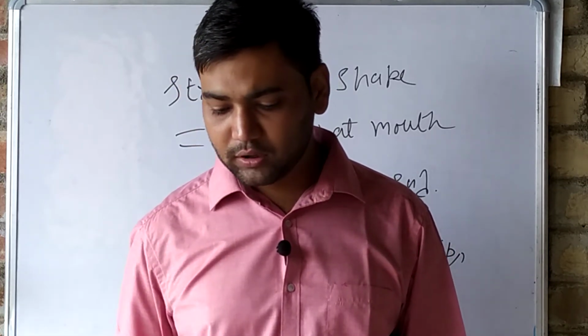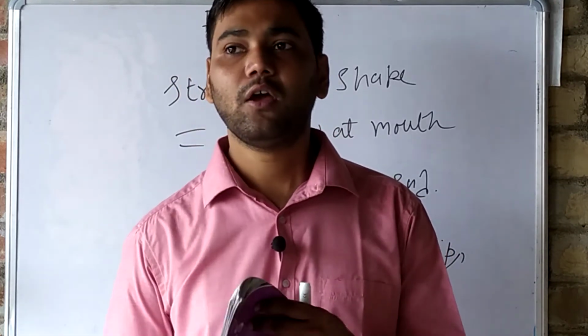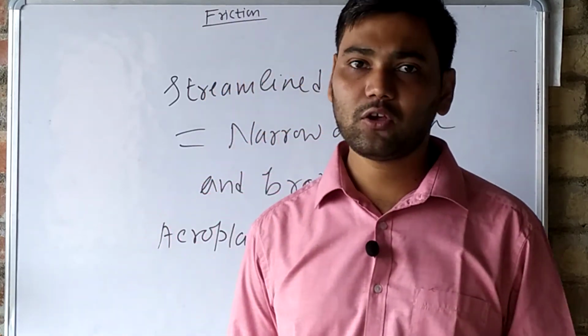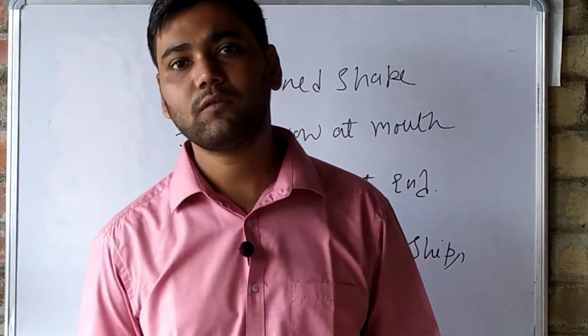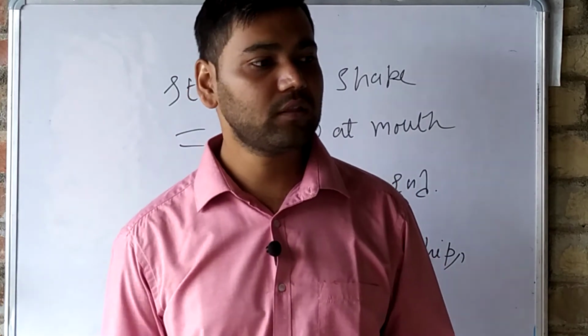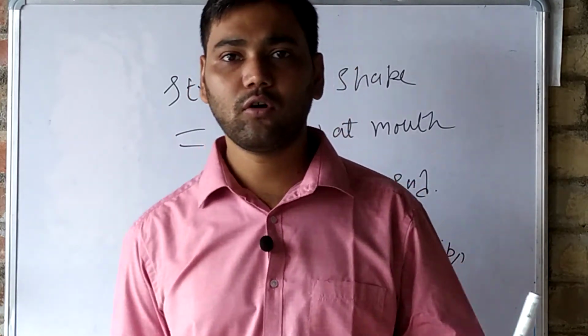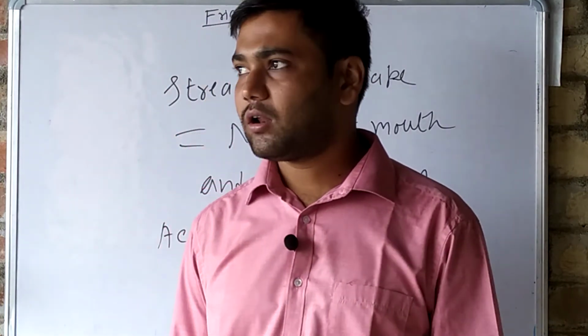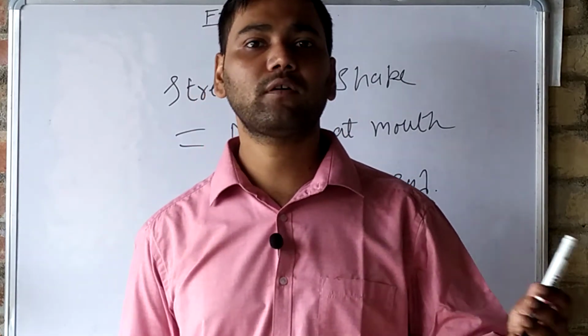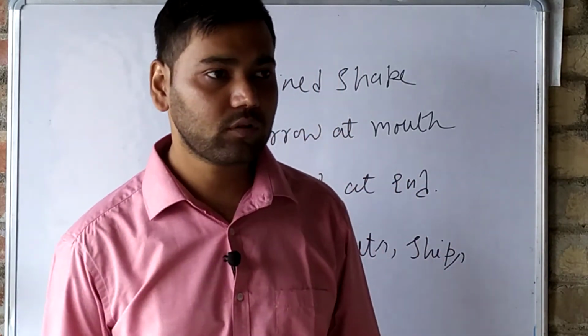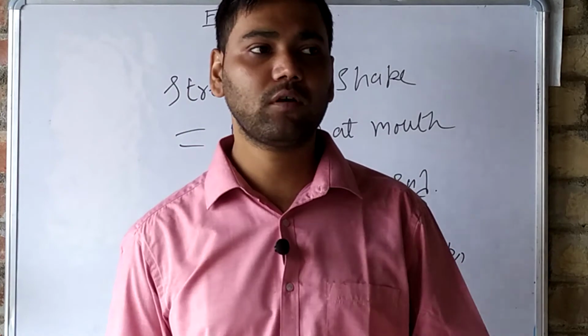Third, by oiling or greasing the moving parts of a machinery. By oiling and greasing we will reduce friction. Like you have seen with your bicycle, motorcycle or car, when it went for servicing, you have all gone sometimes with your father.